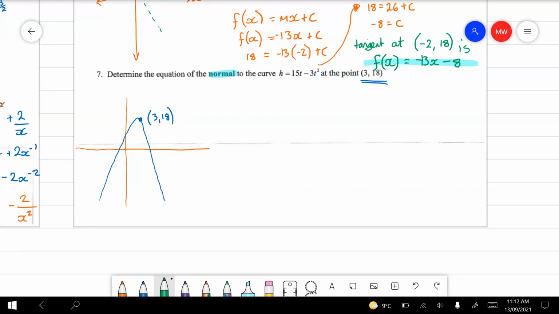Then what we just discovered was the tangent, like this. What we're looking for this time is the line that's perpendicular to that, and this one's the one that we call the normal. Okay, so this one was the tangent. We need the perpendicular line to that. So a very similar process.